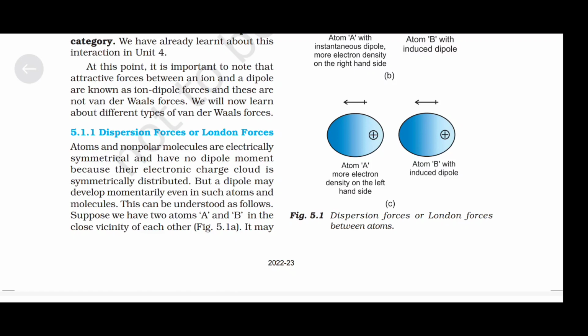Dispersion forces or London forces. Atoms and nonpolar molecules are electrically symmetrical and have no dipole moment because the electronic charge cloud is symmetrically distributed. But a dipole may develop momentarily even in such atoms and molecules. This can be understood as follows. Suppose we have two atoms A and B in the close vicinity of each other.